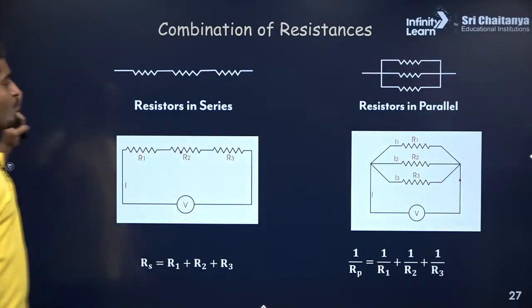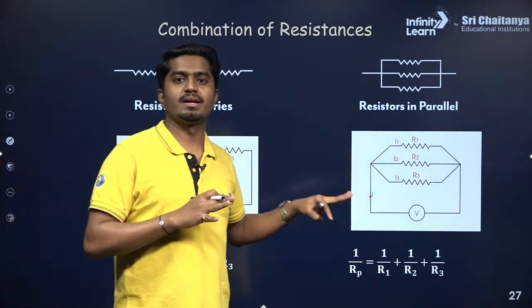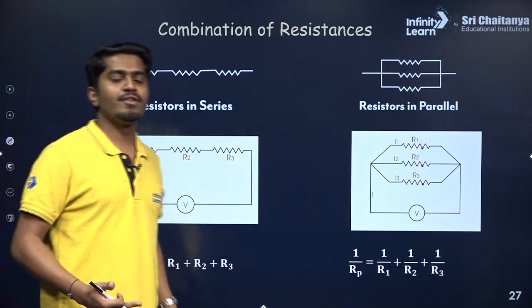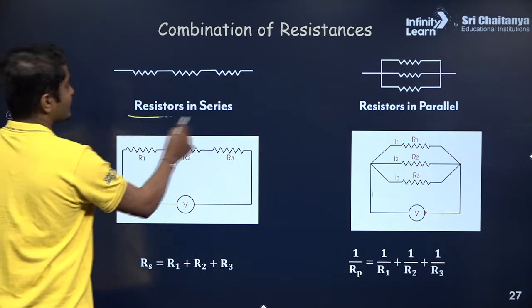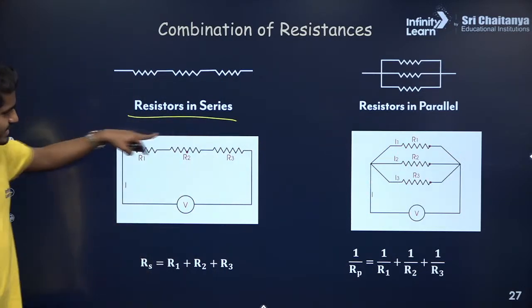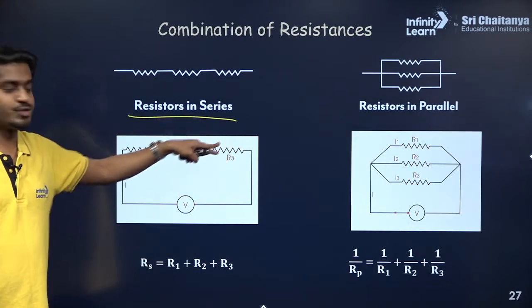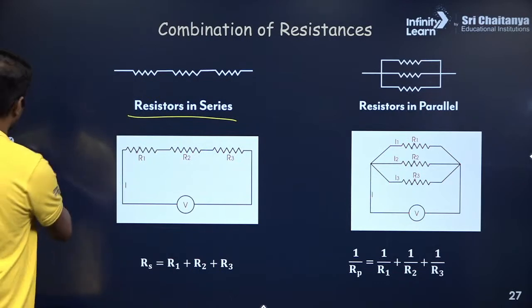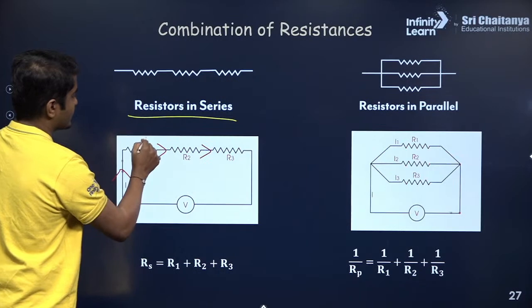Now the most important topic from this chapter is the series and parallel combination of resistances. You can either arrange the resistors in series. So in series what happens? The same current I flows through all the resistances.